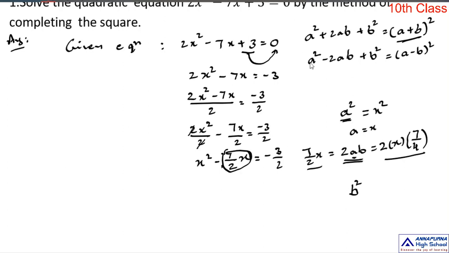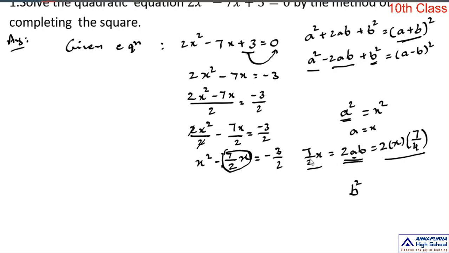So here what is missing? A square is there, with a minus, and the second term we treat as 2ab. Now what is missing? Yeah, b square is missing, and already we assigned a value for this b in the second term.